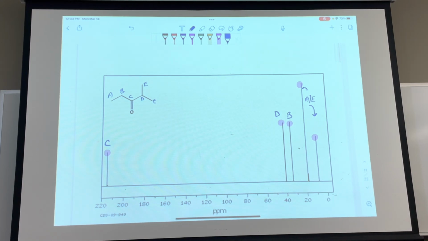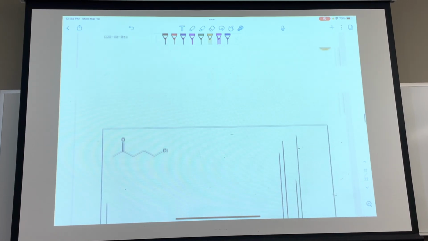Some people might be tempted to say, well, E is representing two methyl groups, A is only one methyl, so the bigger peak should be E. Maybe, but I would not put money on that. Remember, we do not integrate carbon peaks. All right, let's look at a couple more.